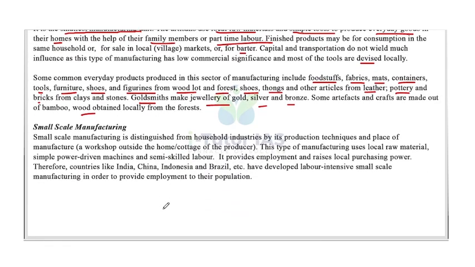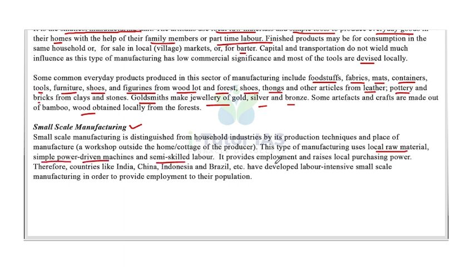Now, small scale manufacturing. Small scale manufacturing is distinguished from household industries by its production techniques and place of manufacture. That's a workshop outside the home or cottage of the producer. This type of manufacturing uses local raw material, simple power driven machines, and semi-skilled labor.